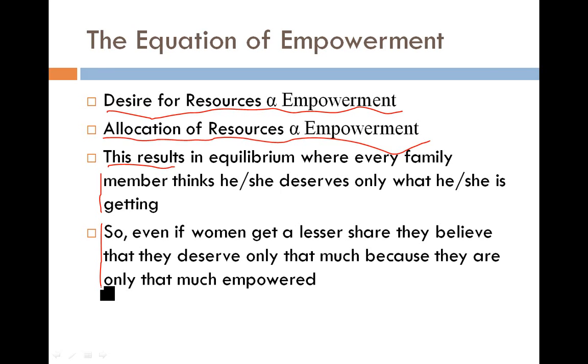The women themselves also deliberately neglect their health, and this is why again I say that this results in an equilibrium, where every family member thinks he/she deserves only what he/she is getting.